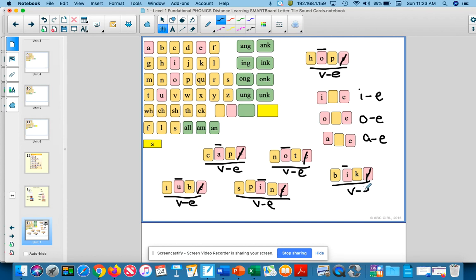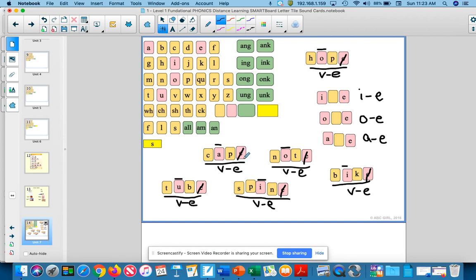So the three things we talked about today. Number one, when we're pulling the tiles and the question is what letter says, it's going to be a long vowel. This is how you would pull it, and this is how you're going to write it. So when I say what letter says A, this is how you would write it: A, consonant, E. The second thing we learned today is looking at our spelling. These words: cap, and then we added the E and made it cape.